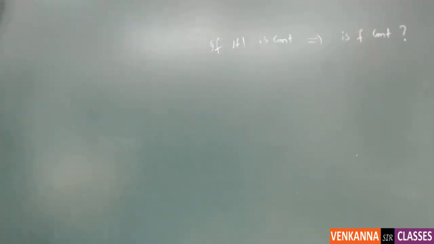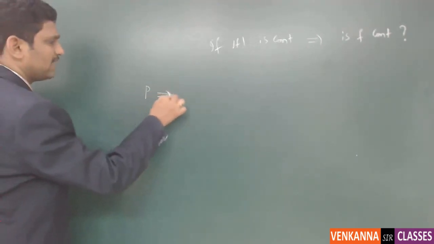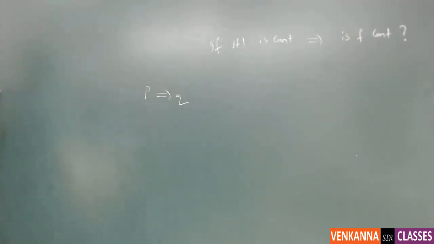Earlier you proved it one way, now you are coming the other way round. And let me say one thing: whenever you want to prove a statement is not correct, what do we usually do? Say P implies Q is my question.